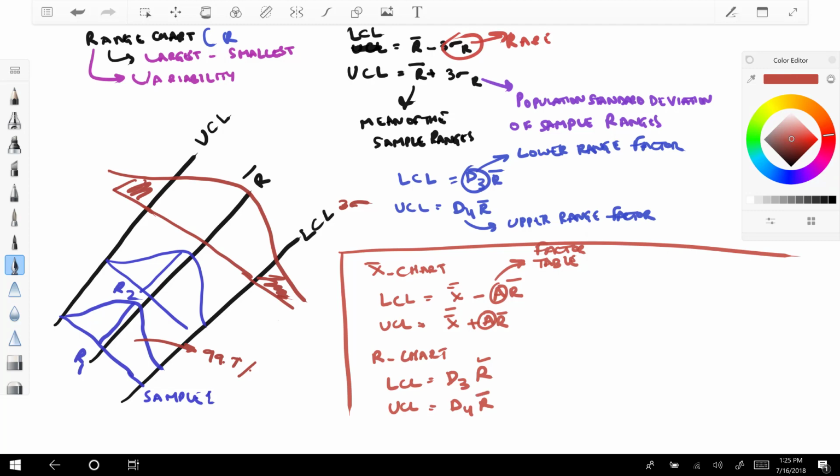Again, A is called the mean factor, D3 is the lower range factor, and D4 is called the upper range factor.